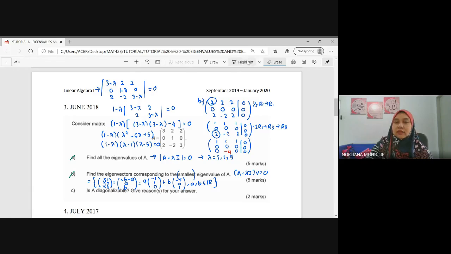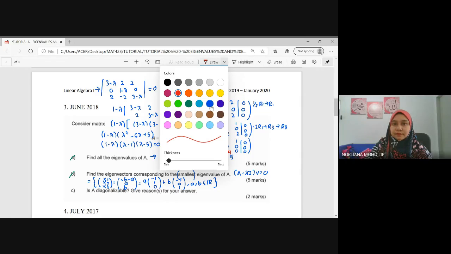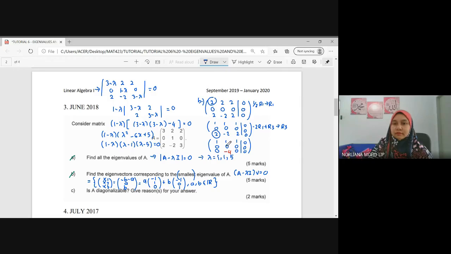Kena reduce ni. Tadi dah silap kan. Reduce ni. Jadi 1 lah. So negative 1 over 4 row 1. Row 3. 1, 1, 1.